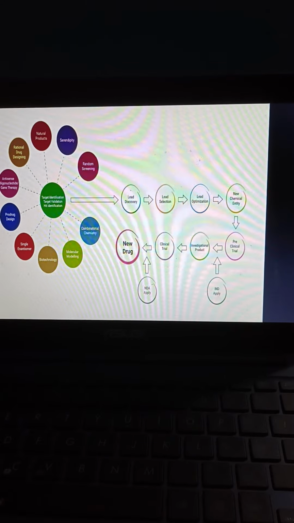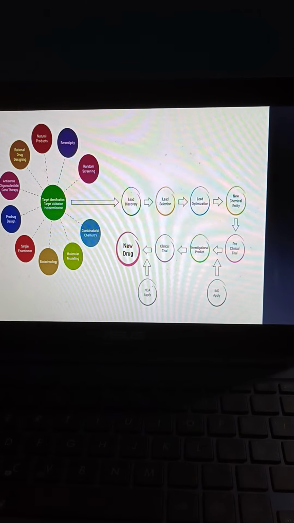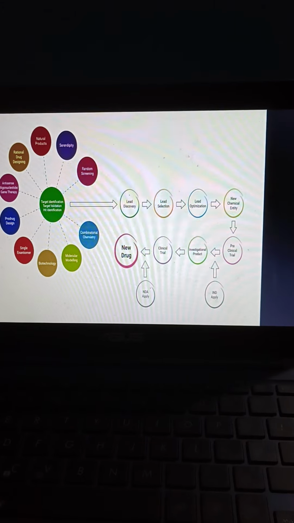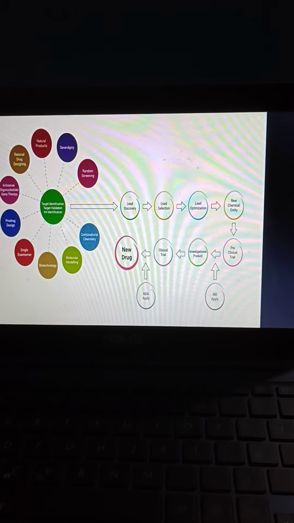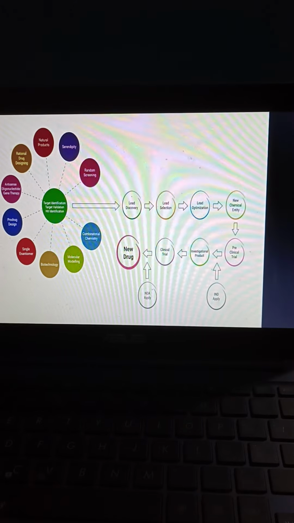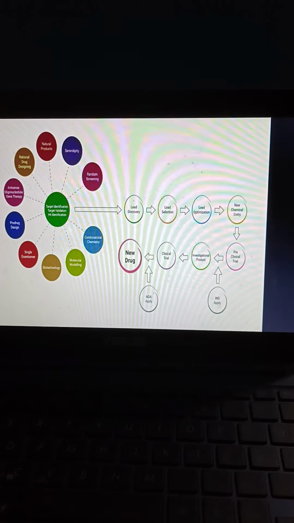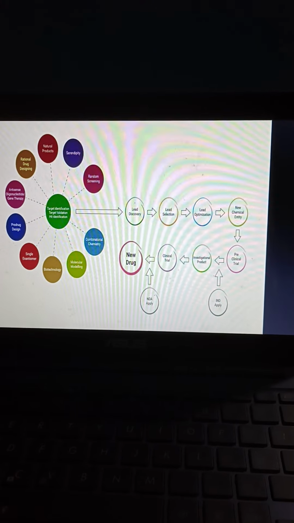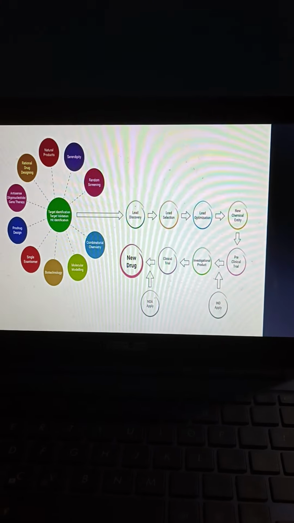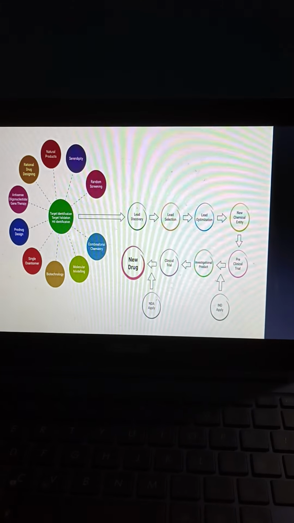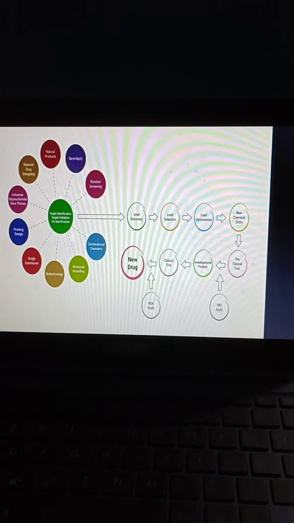After the preclinical trial, IND, investigational new drug application, will be applied. Then we call it the investigational product, and it undergoes clinical trial. Then the new drug application is applied after clinical trial phase 3, and if the drug is approved by the regulatory authority, then the new drug will come to the market.